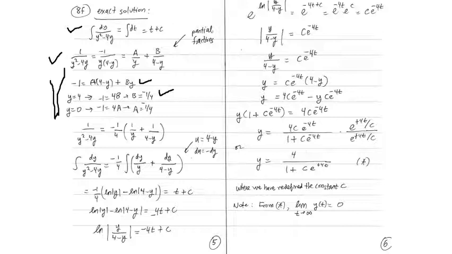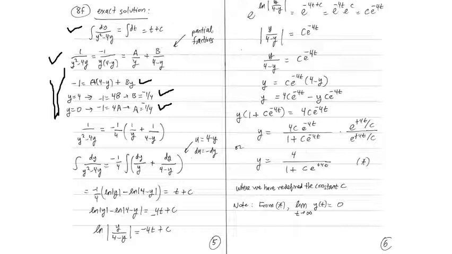Similarly, by plugging in y equals 0, we get -1 is equal to 4a, which gives us a is -1/4.